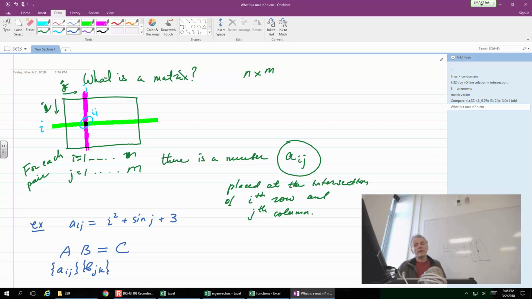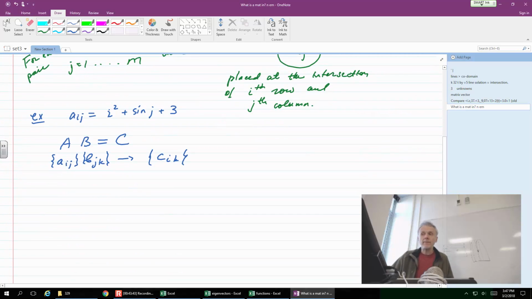I intentionally called the second parameter of the first matrix and the first parameter of the second matrix by the same letter, so that we know we're talking about the same thing. And then it's supposed to produce a matrix which is designated by ik. So we have to retrieve every necessary value from A, every necessary value from B, combine them according to our computations, do the dot product, and then place it at Cik.